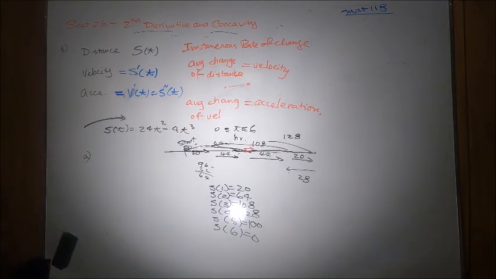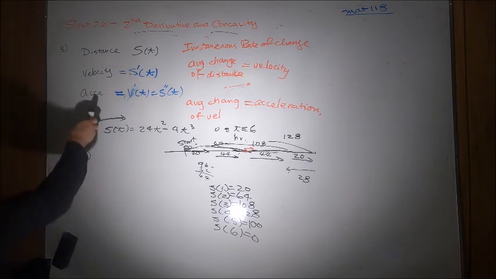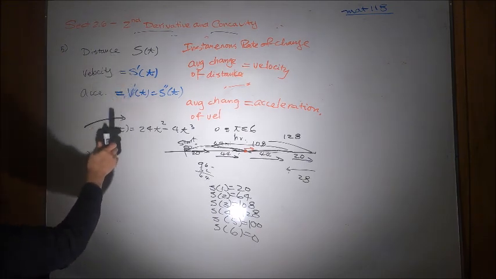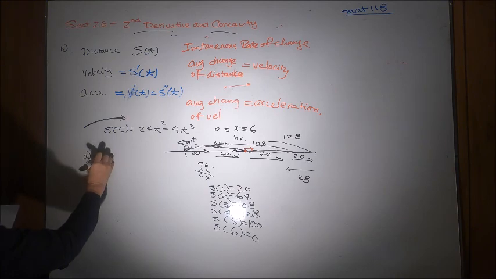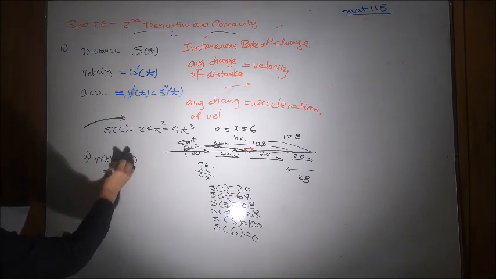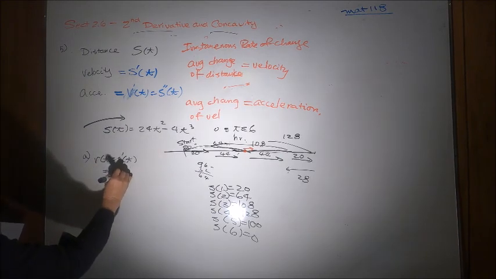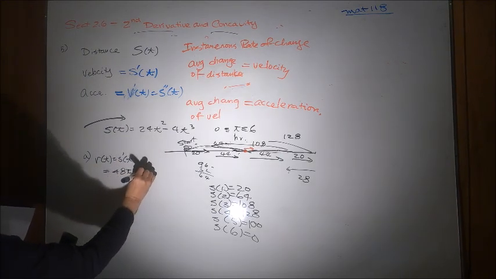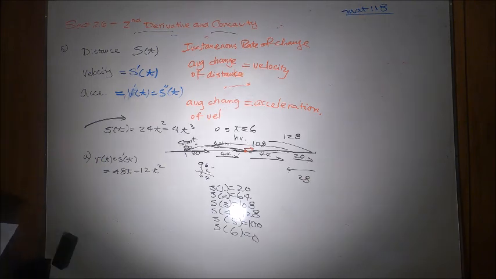Let's take a look. So, let's do the velocity. Velocity is what? The derivative of s(t). So we take the derivative, which will be 48t minus 12t squared. Okay?